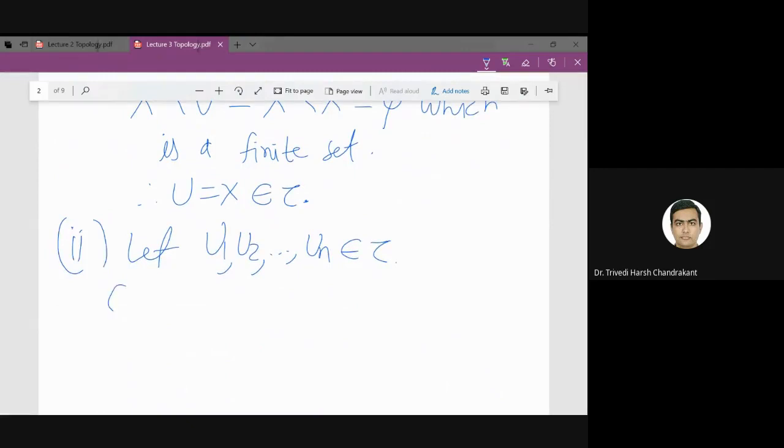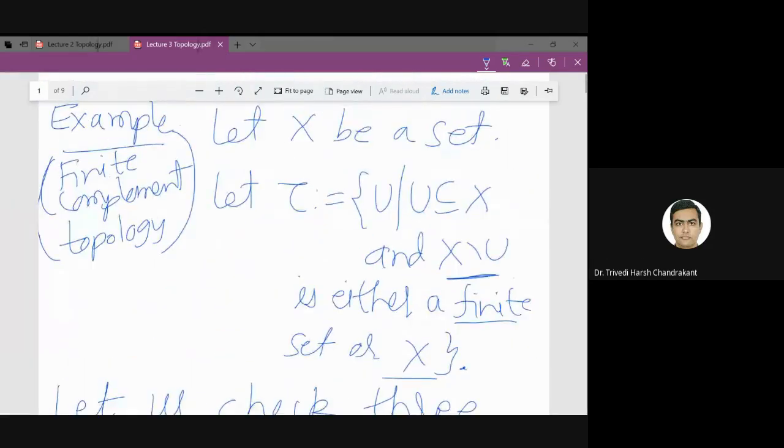So what is the meaning of this? The meaning of this is u1, u2, un belong to tau. What are the elements of tau? Elements of tau were the sets u such that u is a subset of x and the complement is either a finite set or the whole set x.